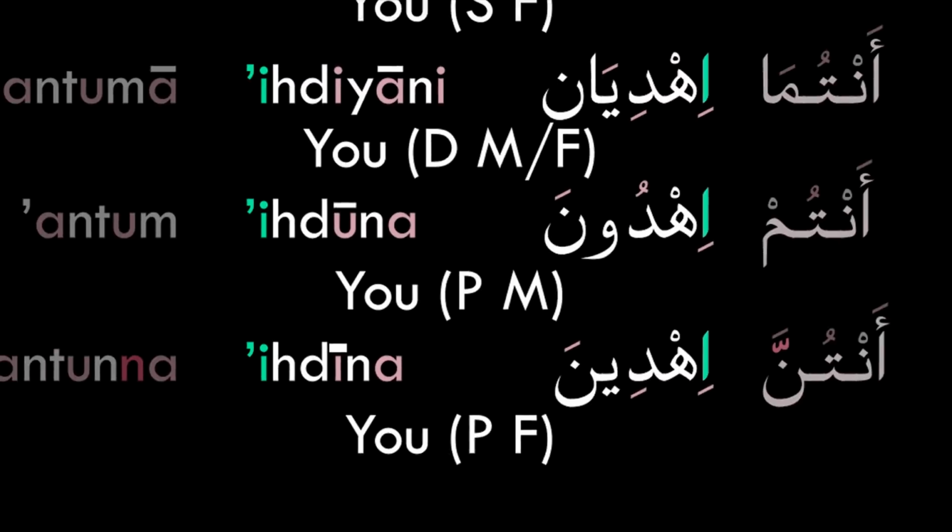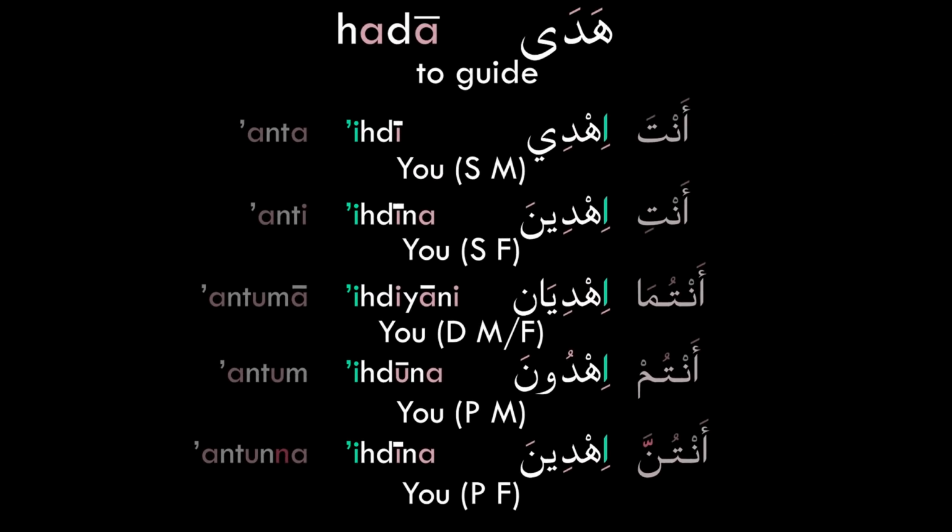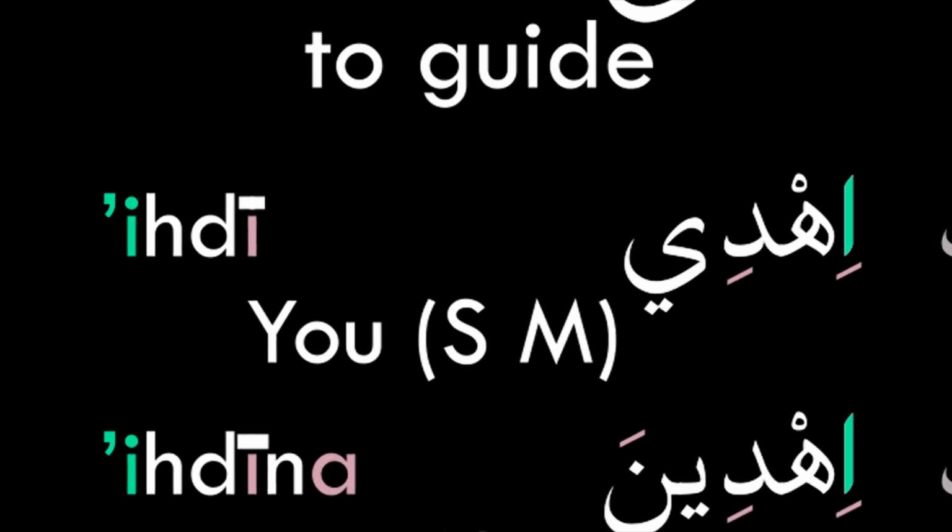And the final step is whenever there is a noon in the end, you delete it. And if there is no noon, you replace the last vowel by a sukun. So for singular masculine you, there is no noon in the end. So we just go to the last vowel and replace it with a sukun.